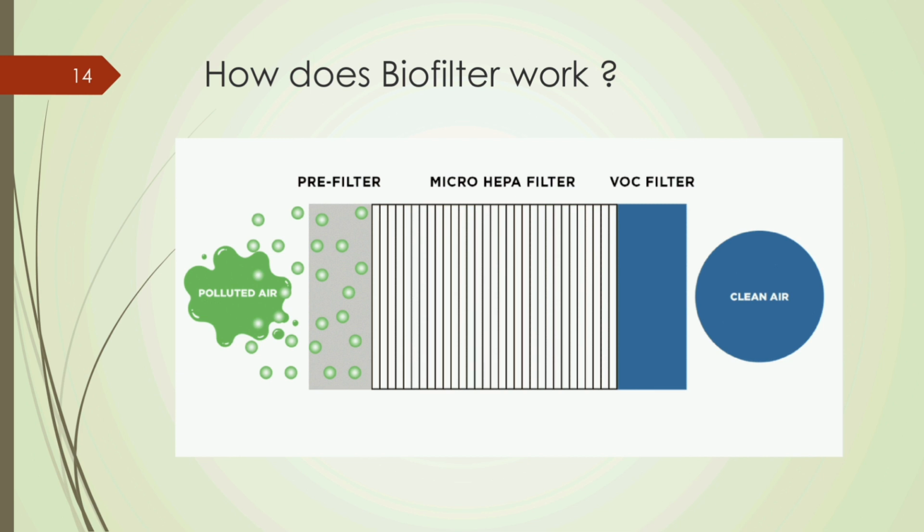Micro HEPA filter is a high efficiency particulate adsorber filter. Then this polluted air passes to the VOC filter. VOCs, volatile organic compounds, are adsorbed in this filter, and then clean air is passed to the environment.